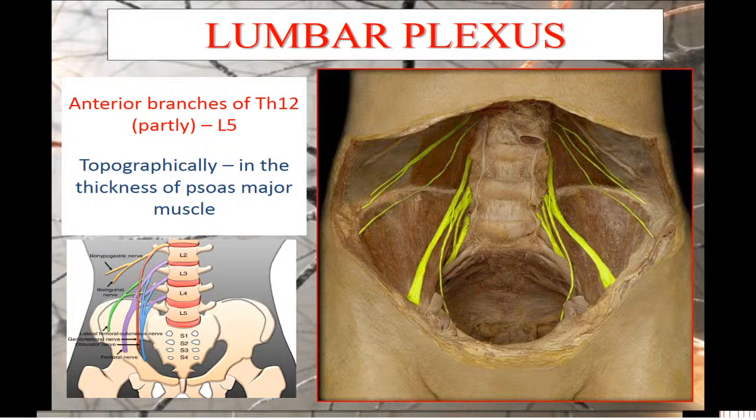Topographically, this plexus is located in the lumbar region in the thickness of psoas major muscle. That's why all branches of this plexus appear from the lateral or anterior border of the muscles.